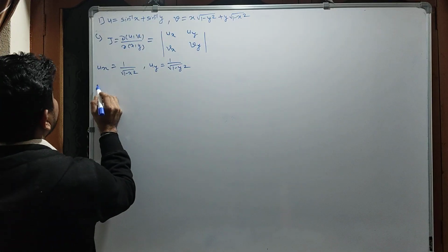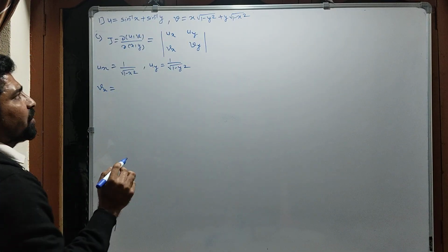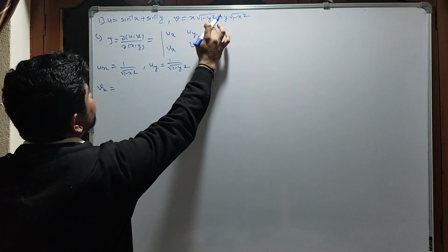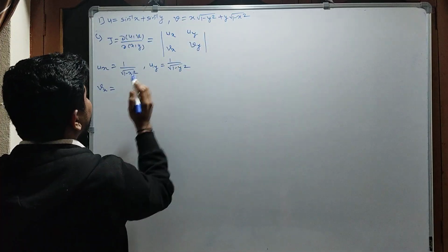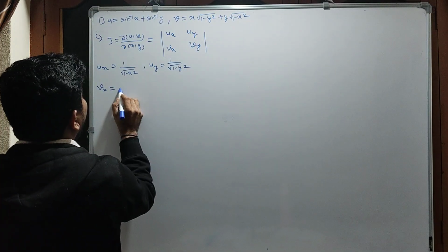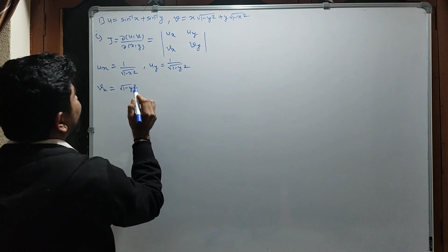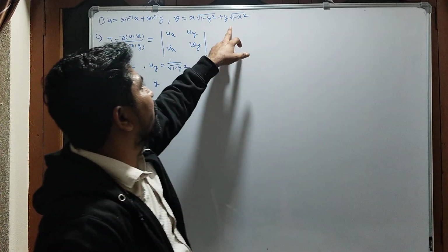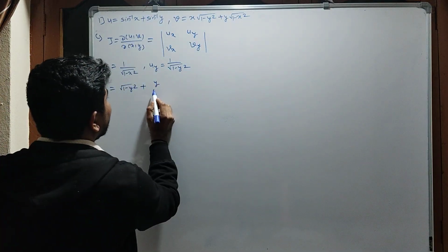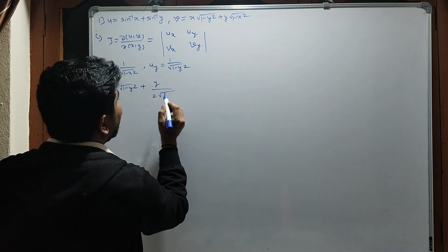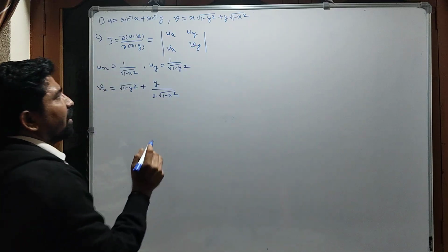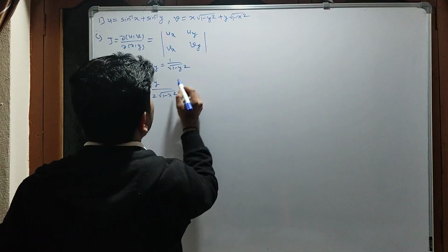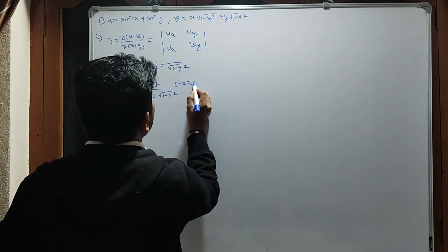Now I want to find the partial derivative of v with respect to x. Here this is my simple constant. So derivative of v with respect to x is simple under root 1 minus y square plus y times the derivative of under root 1 minus x square, which is 1 by 2 root 1 minus x square into the derivative of 1 minus x square, which is minus 2x.